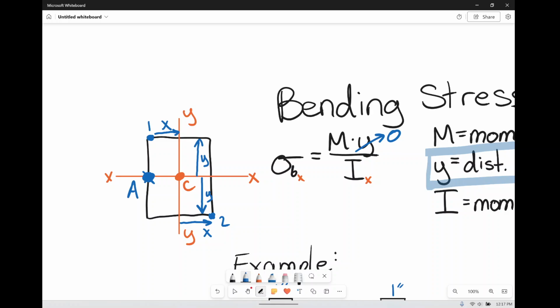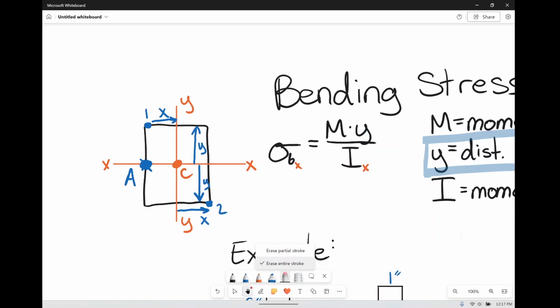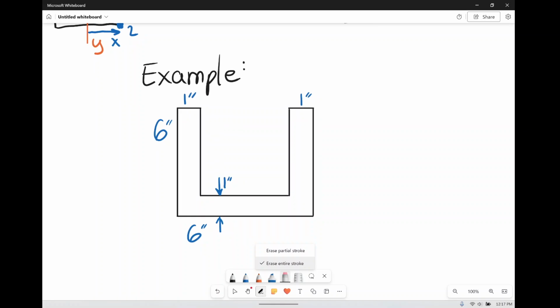And the reason it's called the neutral axis is because there is 0 bending stress along that axis. Again, remember that that axis is at our centroid. So let's see an example.